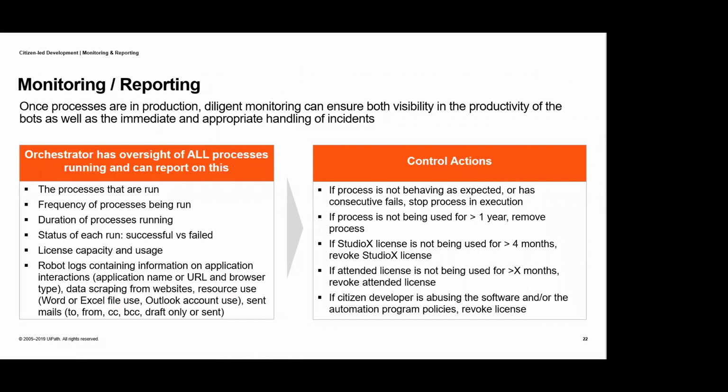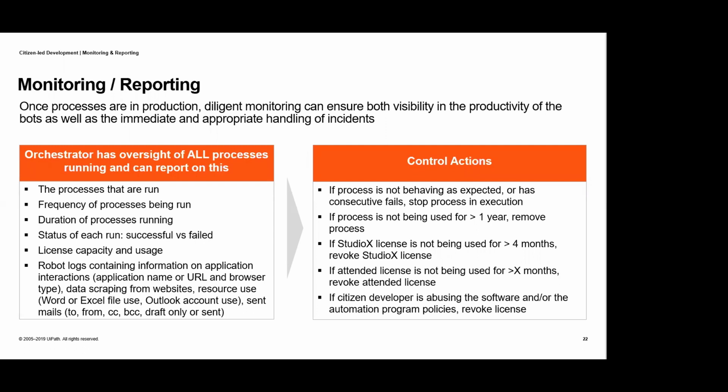Monitoring and reporting are extremely important as they help ensure both visibility into the productivity of the bots as well as the immediate and appropriate handling of incidents when they come up. The orchestrator has oversight of all processes that are run, frequency and duration of the runs, status of each run, whether it's successful or if it failed, and license capacity and usage.